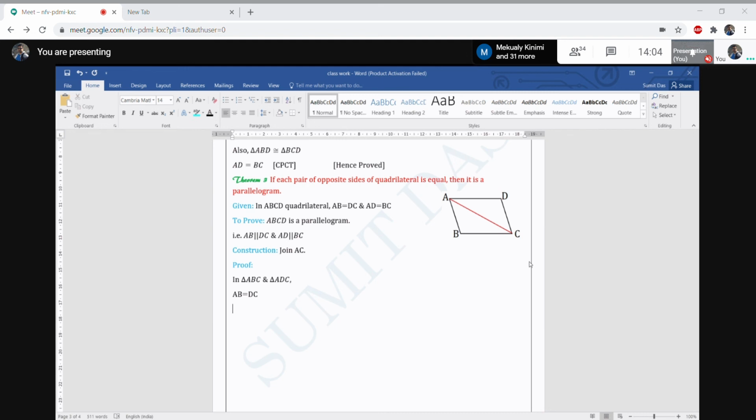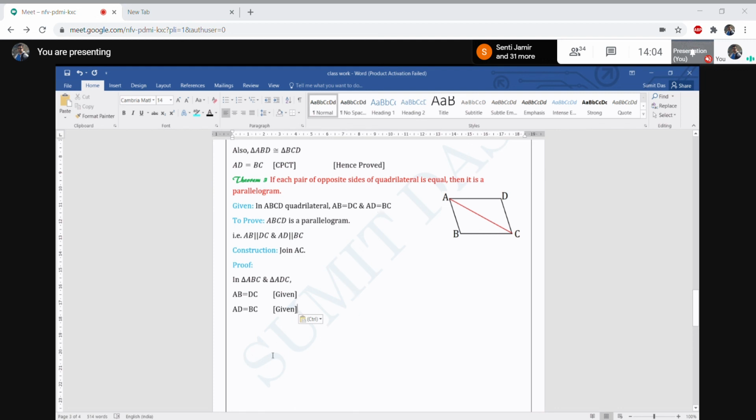And AD equal to BC. Look, these two parts are given. AB equal to DC and AD equal to BC. This part is given here, right?